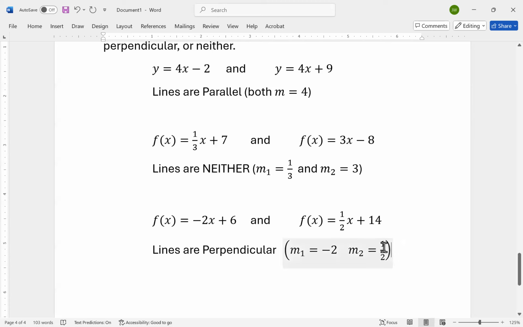Realize that when you take the reciprocal of 1/2, you get 2/1, which is a 2. And when you take the reciprocal of something like -2, it's -1/2. So the negative reciprocal of -2 is a positive 1/2. The negative reciprocal of 1/2 is -2. Hopefully that makes sense because -2 is the same thing as -2 divided by 1.